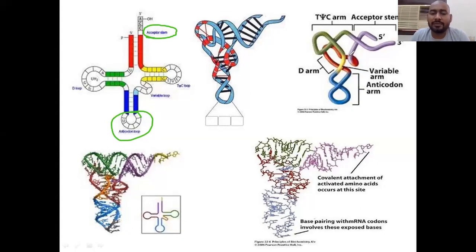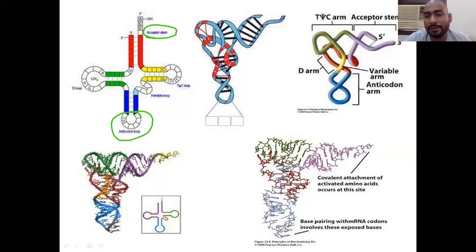Sometimes, if you see here, it looks double stranded, but actually if you stretch it like this, you will get the single stranded RNA molecule. Most of the time, RNA molecules are always single stranded.